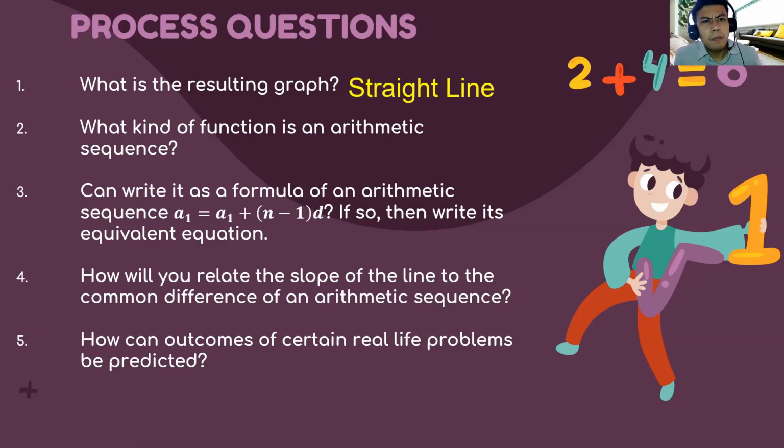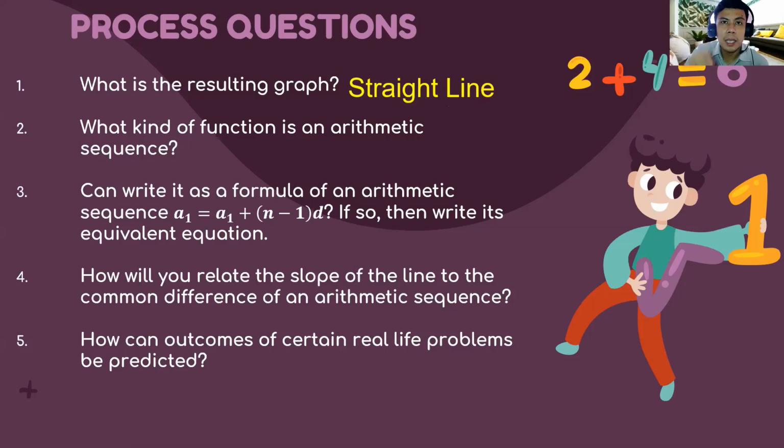So now, if the graph is a straight line, what kind of function is an arithmetic sequence? Going back to when you were in grade 8, you talked about the functionality of a graph. How do we determine if a graph is a function? Of course, by the vertical line test.